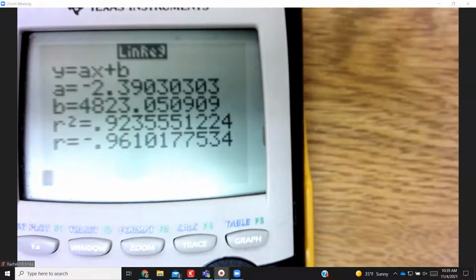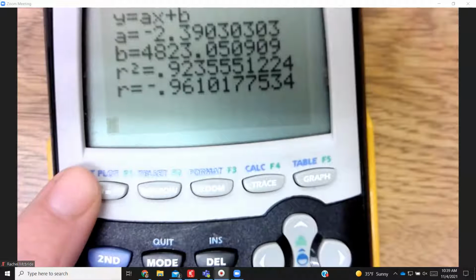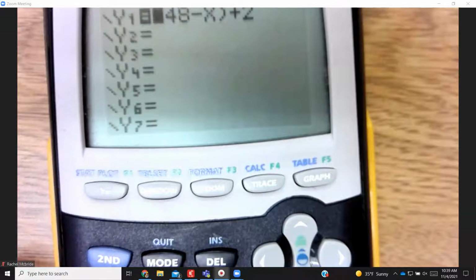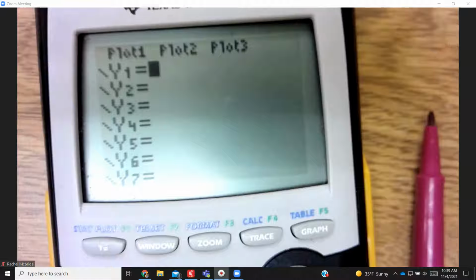All right, so going back to our calculators, in order to graph this, what you are going to do is hit y equals right here. Clear out anything in your y1.